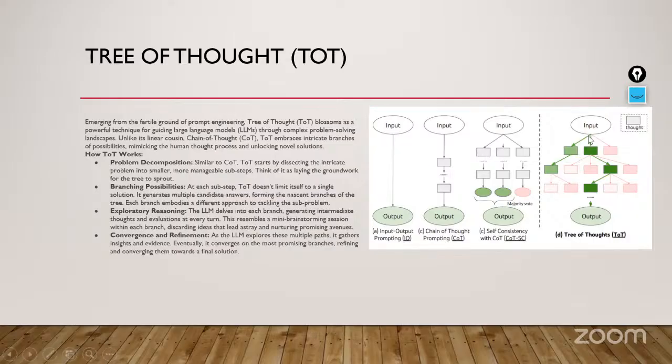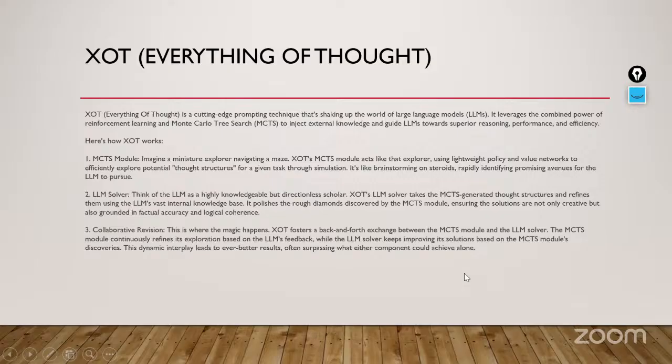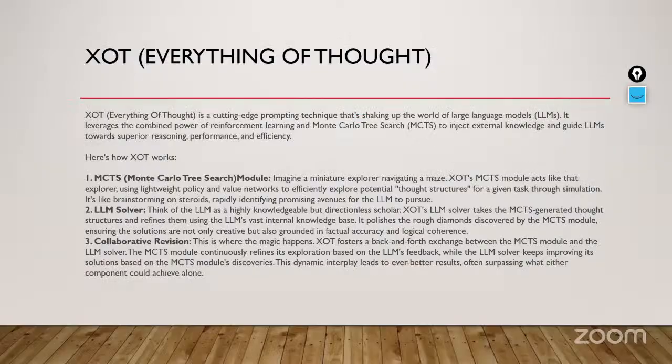So it will have all the branches and their sub-branches, and from there we take the most important ones and skip those that are not that important. Likewise, we get the output from here. This is what tree of thoughts is. Then we understood Everything of Thoughts, wherein we use Monte Carlo tree search as an external knowledge base.